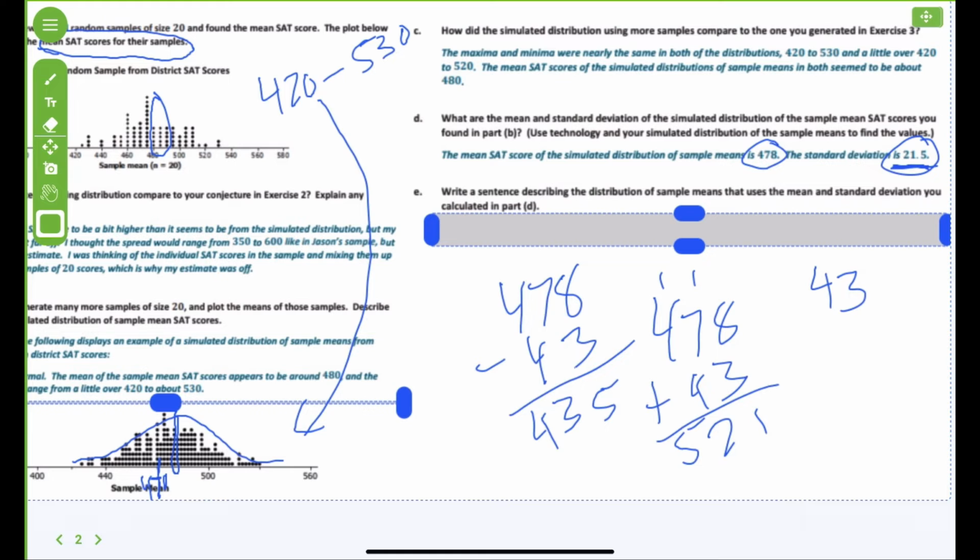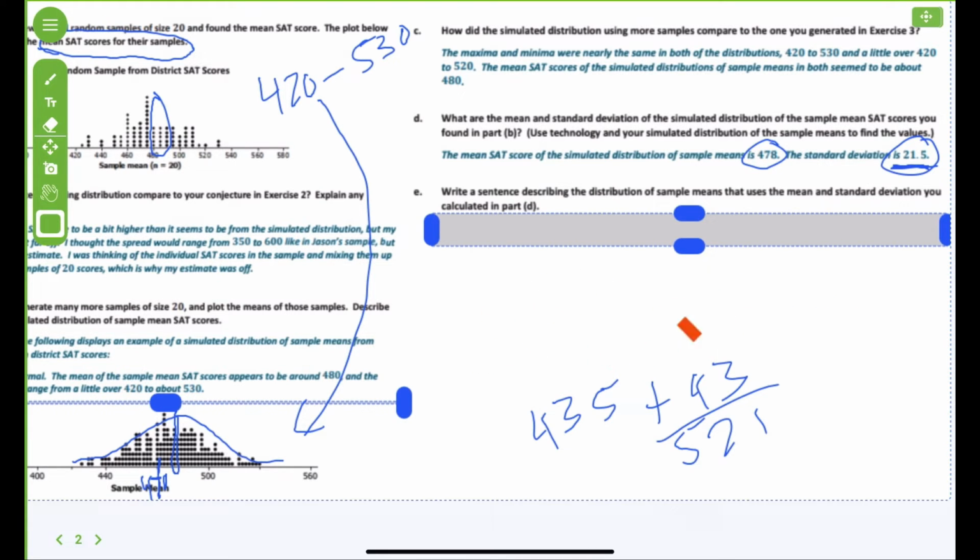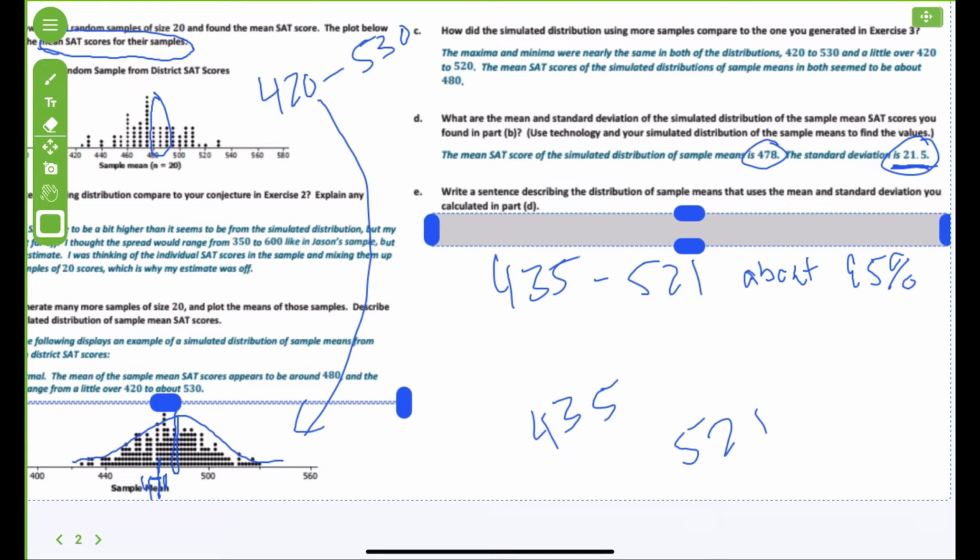Okay, and so that's going to be your range. Okay, you should know that between 435 and 521, about 95% of our values, or SAT scores, fall in between that.